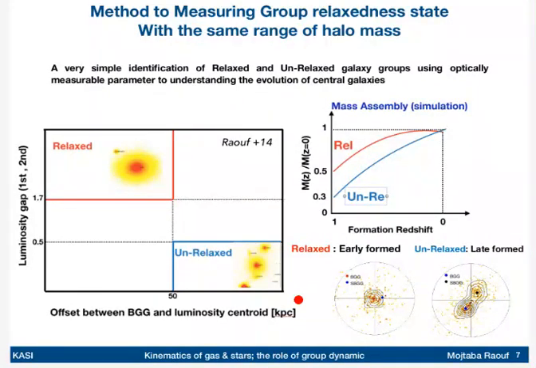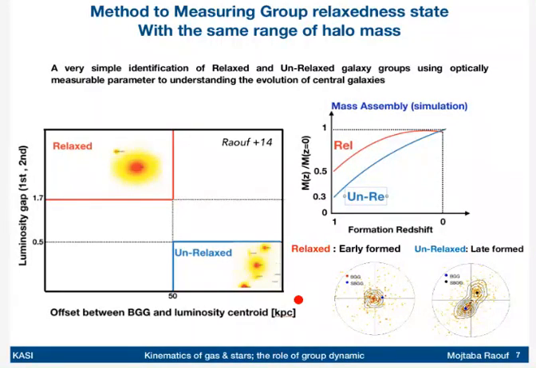Tracing the evolution of the relaxed and non-relaxed galaxy groups in the cosmological simulation showed that the relaxed group has accumulated a larger fraction of its mass, more than 50%, at higher redshift. This is redshift 1, while the unrelaxed systems didn't form at redshift 1, and have just less than 30%, if the formation definition of the galaxy is 50% of the final halo mass.